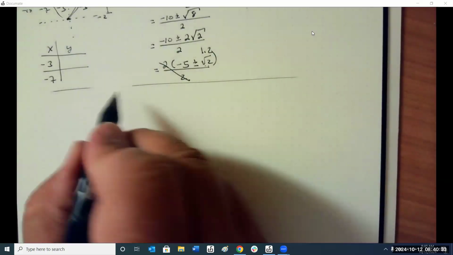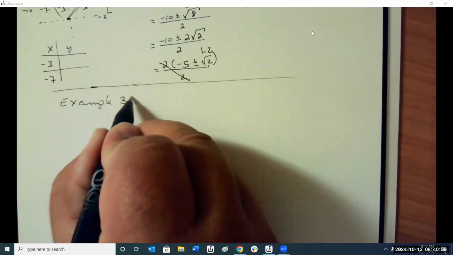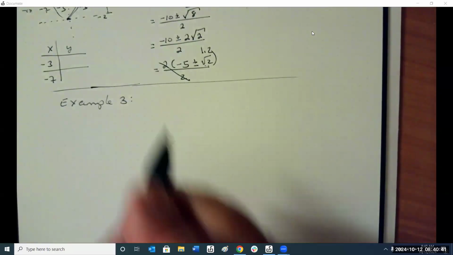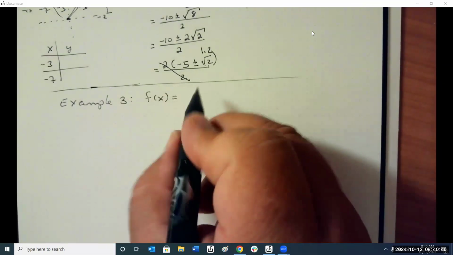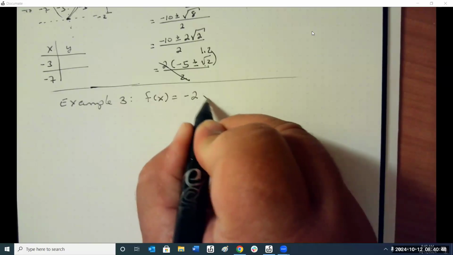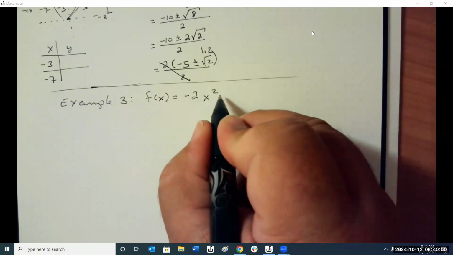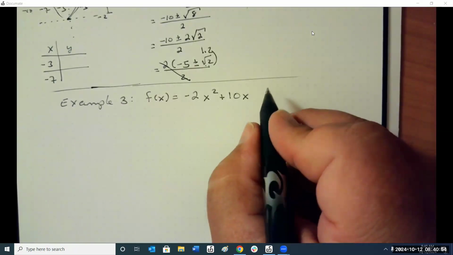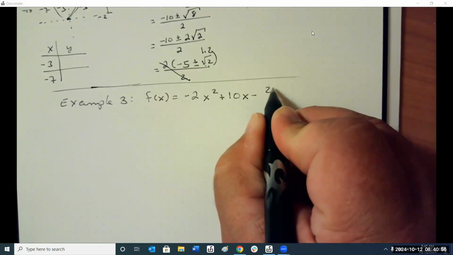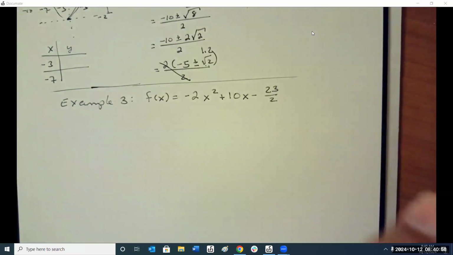Let's do another one before we change formats. Example 3. f of x equals -2x squared plus 10x minus 23 over 2.